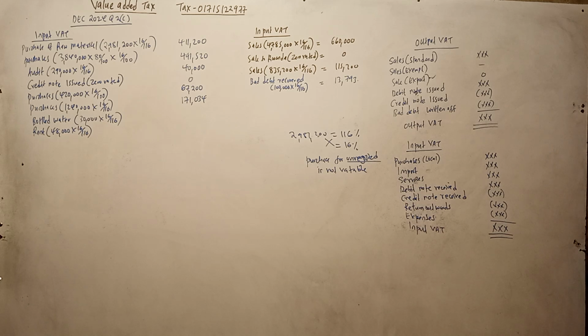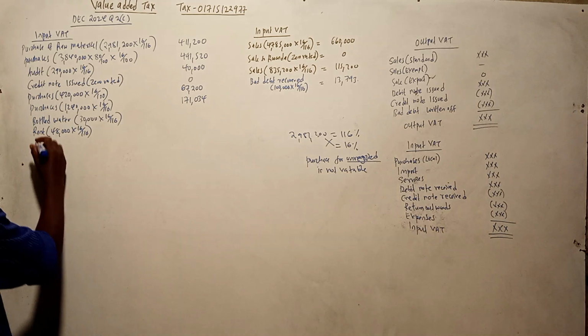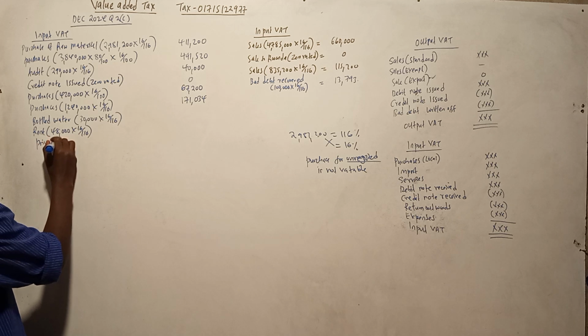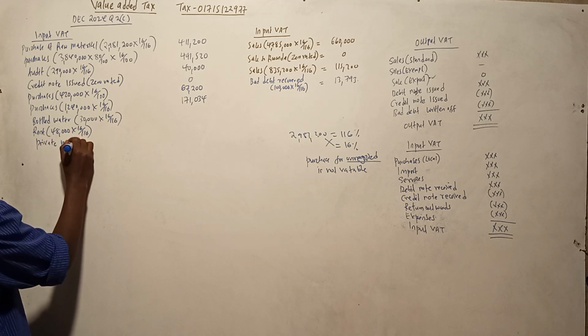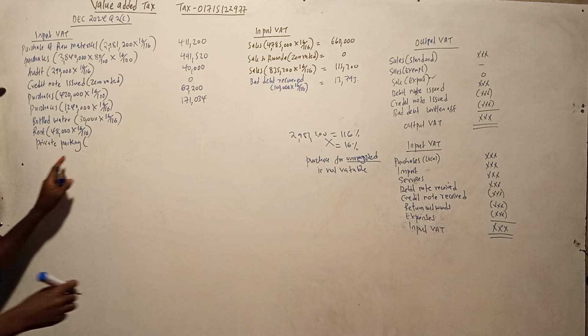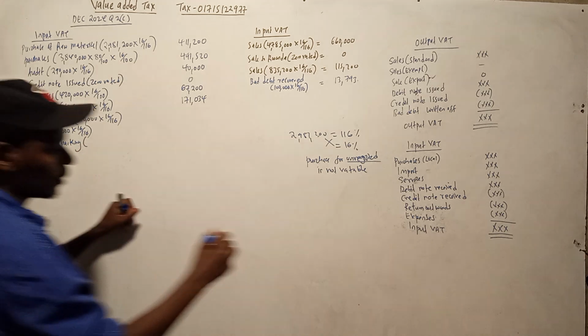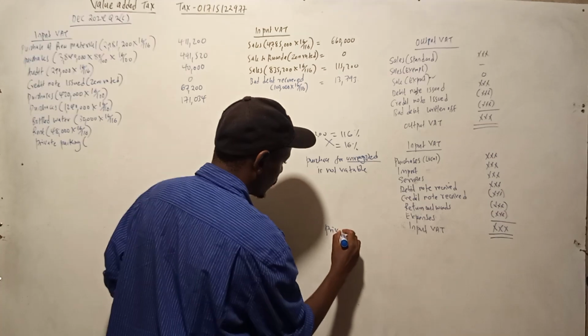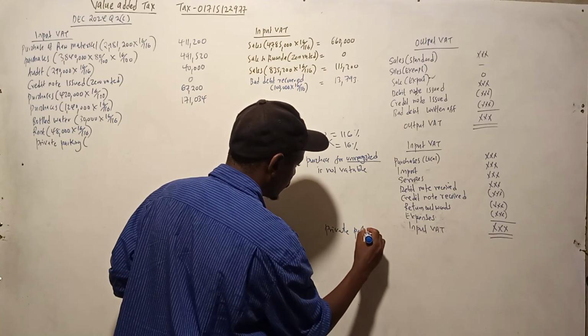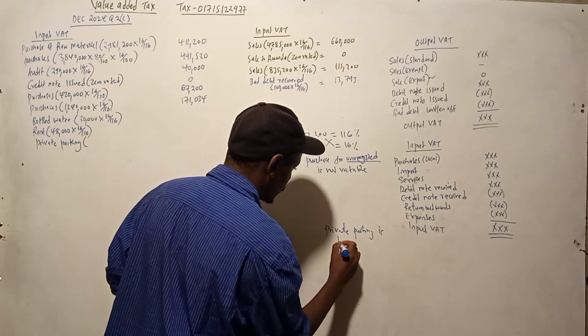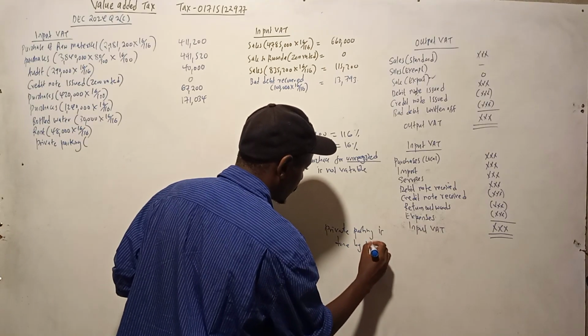Private parking: if the amount is directed to the county government, it is not vatable. But if it is not, then it will be vatable. So you put a note that private parking is done by a private company.